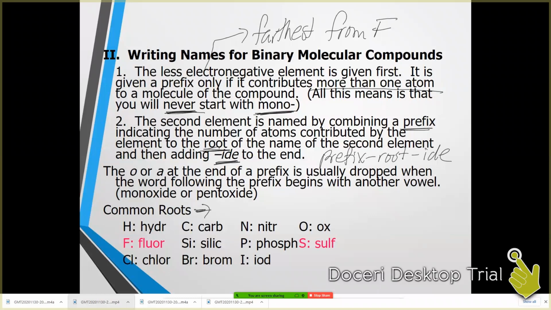The O or the A at the end of a prefix is usually dropped when the word following the prefix begins with another vowel. So instead of monooxide, instead of having two O's, one is dropped. Pentaoxide, instead of having AO, we drop the A from the prefix.